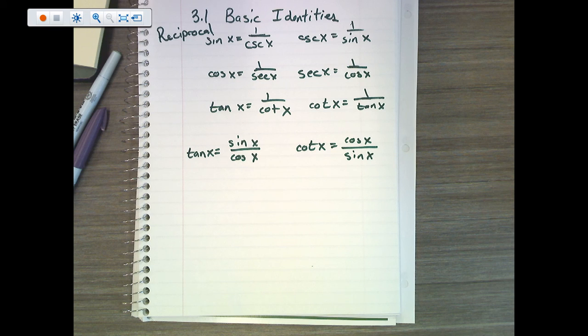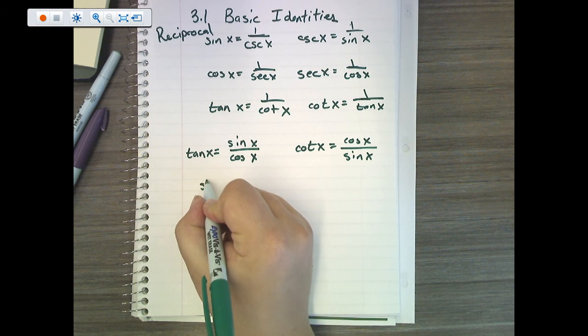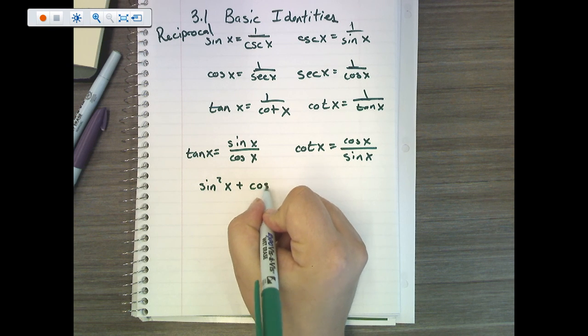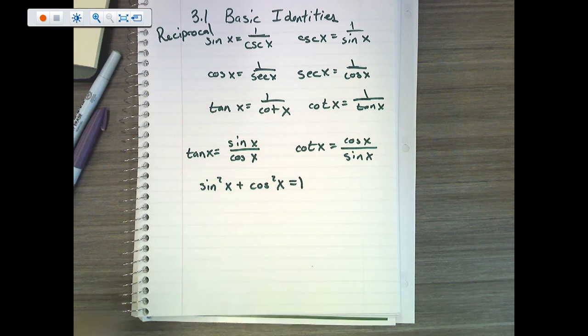Okay, so now I just want to show you where some other things are coming from. We had already gone through a proof to show that sine squared of x plus cosine squared of x is equal to 1.